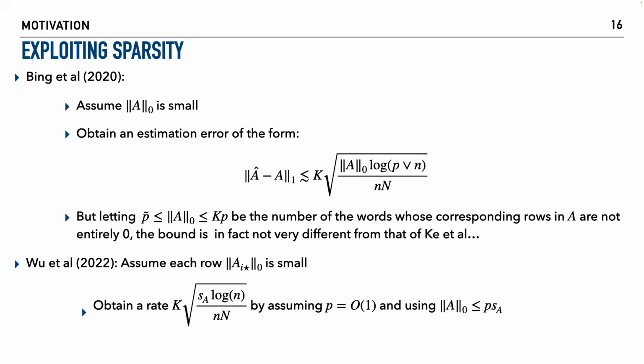Some people have tried exploiting additional structure, mostly sparsity. Bing et al., in 2020, assume that the number of non-zero entries in the matrix A is small, which leads to error bounds that look very similar to one of the bounds we've seen before, except the dependency on p is replaced by the number of non-zero entries of A.